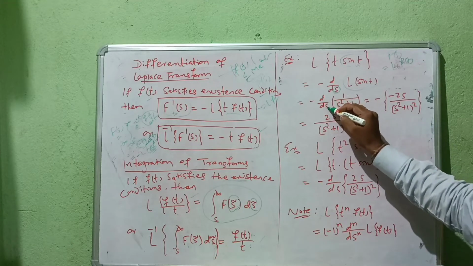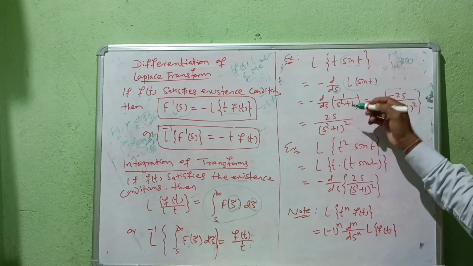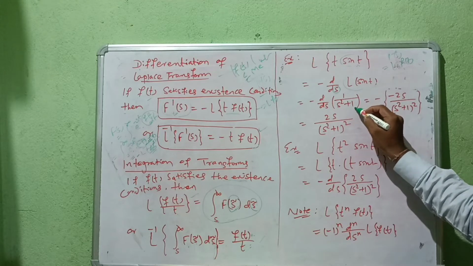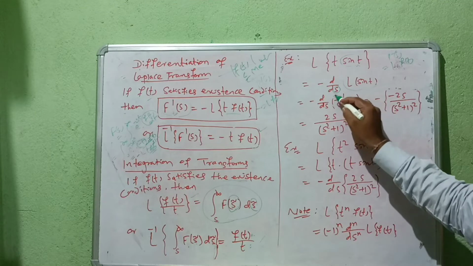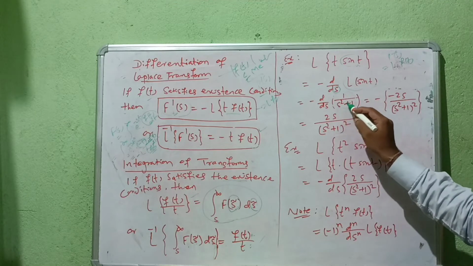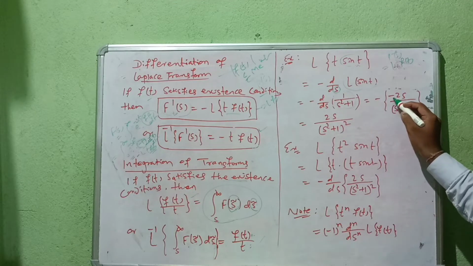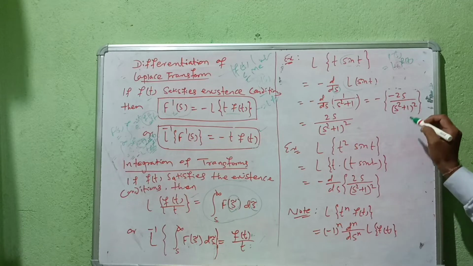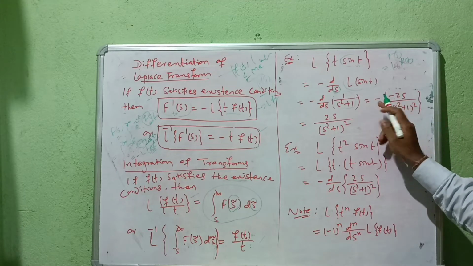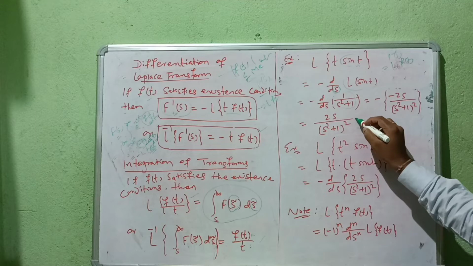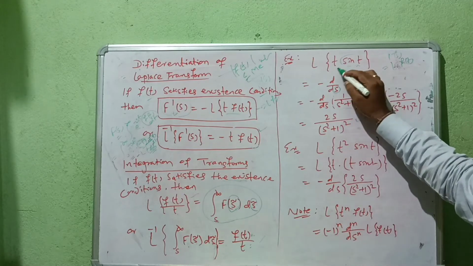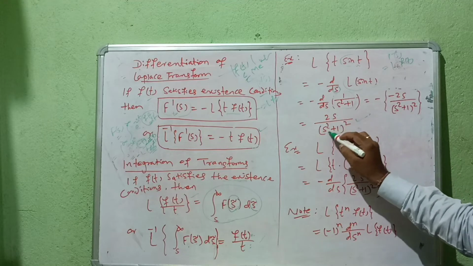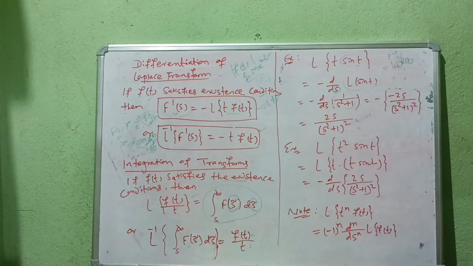So minus d by ds of Laplace of sin t, and from the formula we know that is 1 by s square plus 1. Using the u by v formula for the derivative, we get minus 2s by s square plus 1 whole square, and minus minus is plus, so it will be 2s by s square plus 1 whole square. So this is the result: Laplace transform of t sin t is equal to 2s by s square plus 1 whole square. Clear?